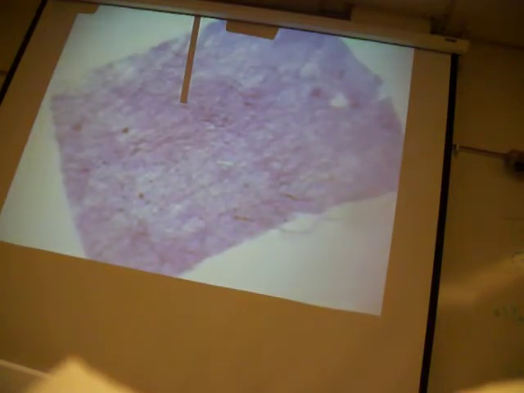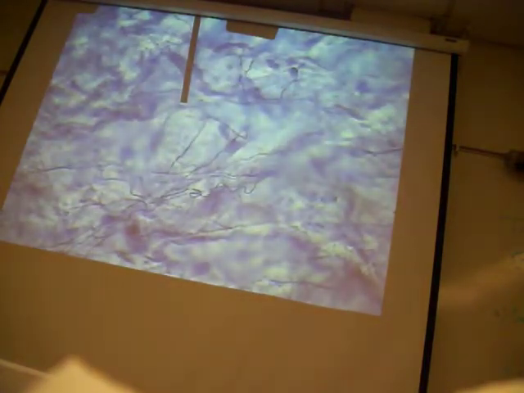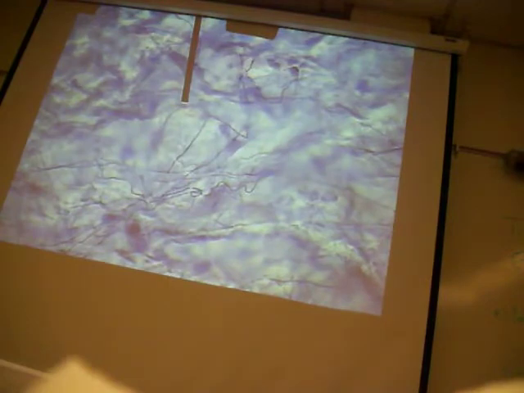This areolar connective tissue is essentially the packing material for your body. Part of the reason why your organs don't move around is because they're anchored by this areolar connective tissue.